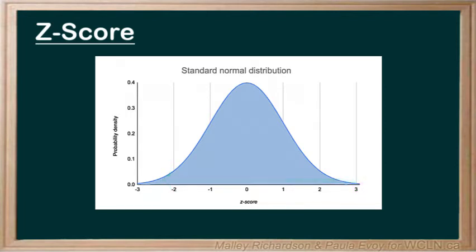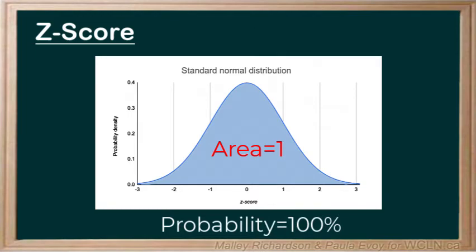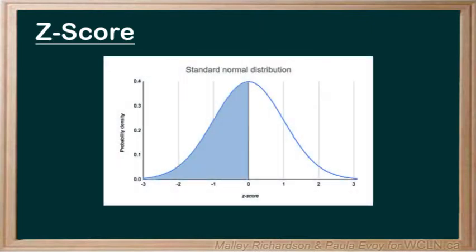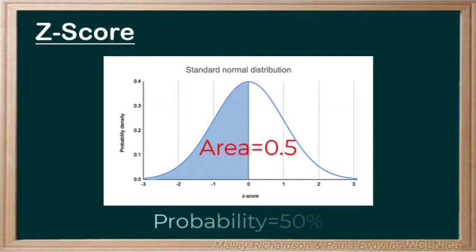This represents the entire curve, so the area is 1 and the probability is 100%. A z-score of 0 means that we are looking at the area under a curve from the left to a z-score of 0. This only represents half of the curve, so the area is 0.5 and the probability is 50%.